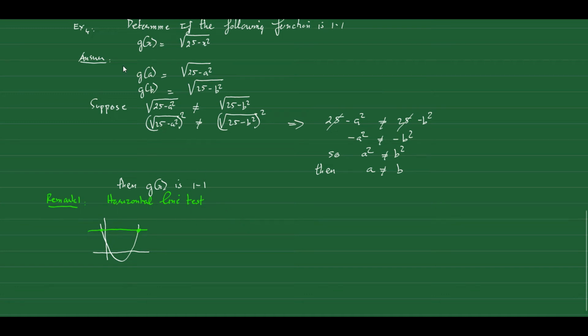So that's why I can say that f(x) here is not 1-to-1, and because it's not 1-to-1, f(x) does not have an inverse function.